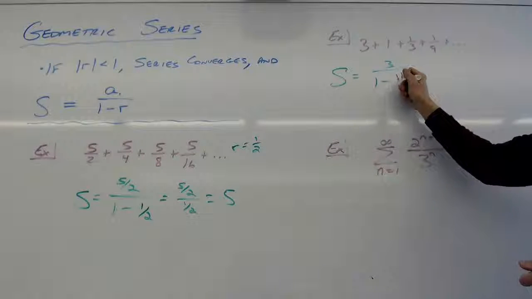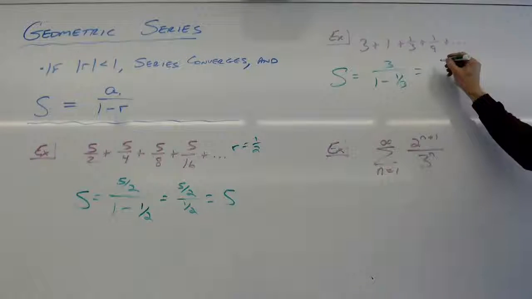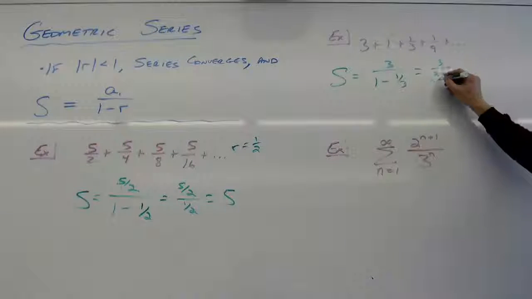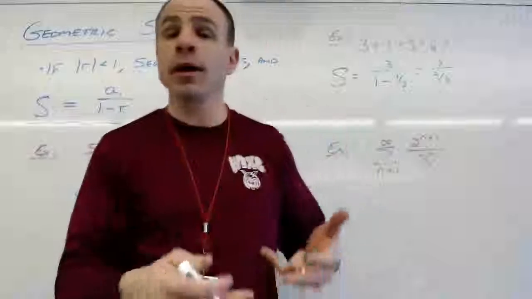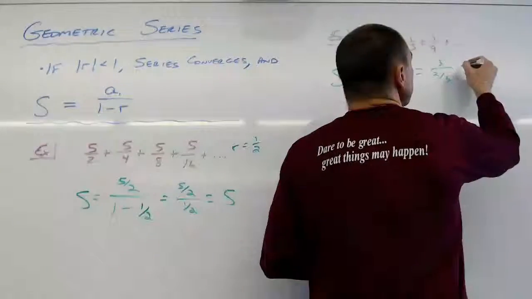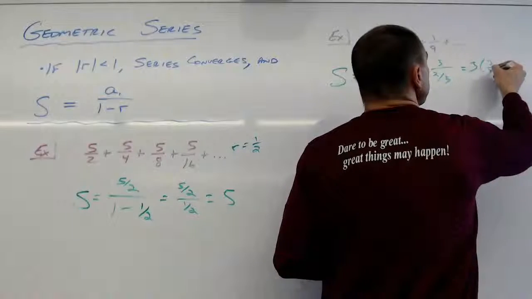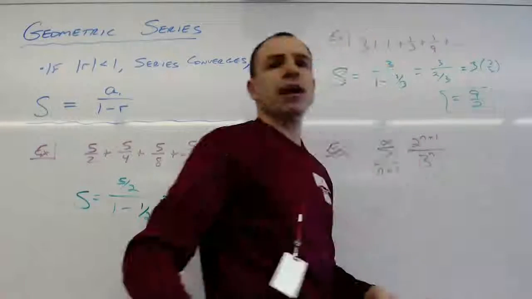So we'll have 1 minus a third in the denominator. Simplifying this, we have 3 over 2/3. And if you're dividing by 2/3, that's the same thing as multiplying by what number? 3 halves, good. So this is 3 times 3 halves, or a final total of 9 halves, or 4.5 if you prefer.